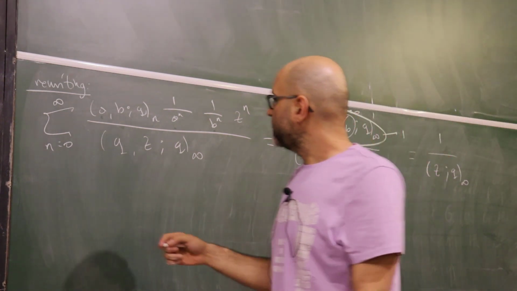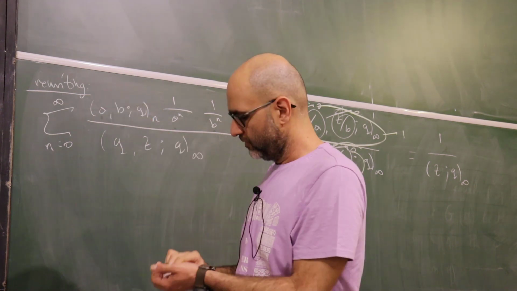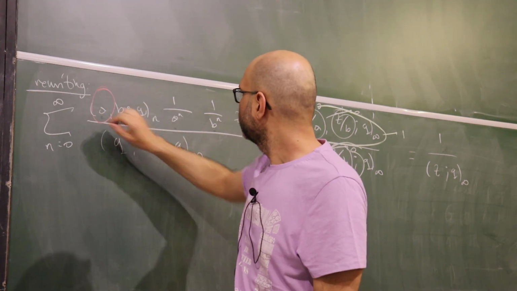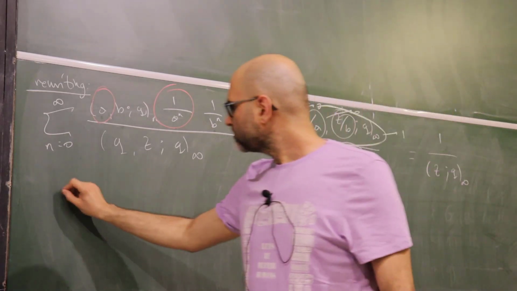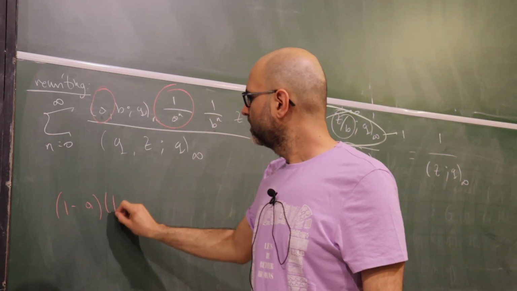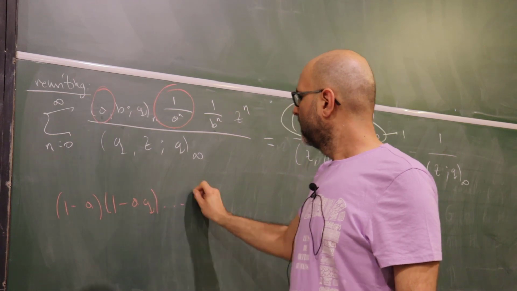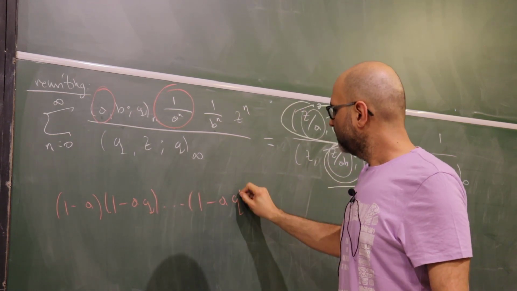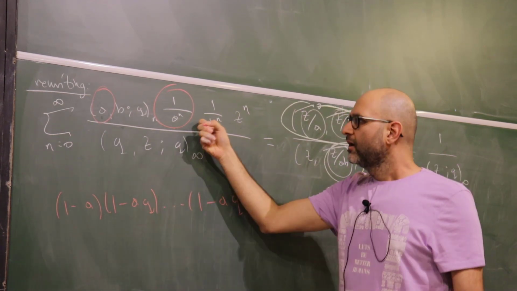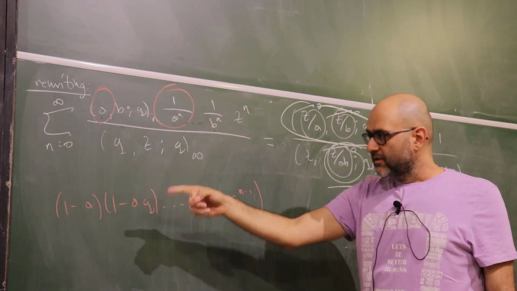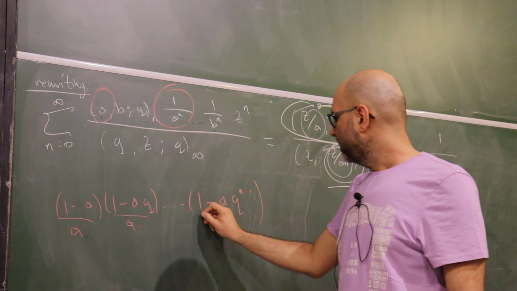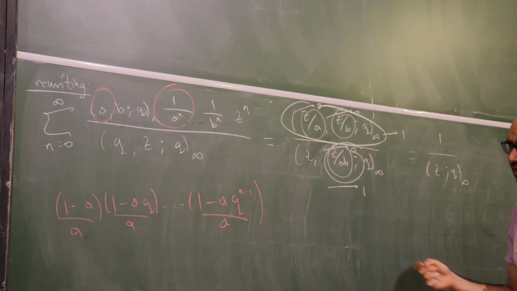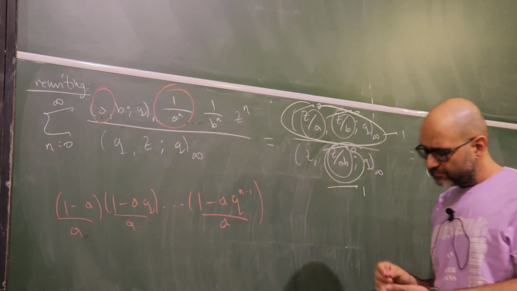On the left, what's happening? Well, let's color code things. A Q sub n and 1 over n. This is 1 minus A, 1 minus AQ, up to 1 minus AQ to n minus 1. We distribute one factor into each of these parentheses divided by A, all the way to the end.